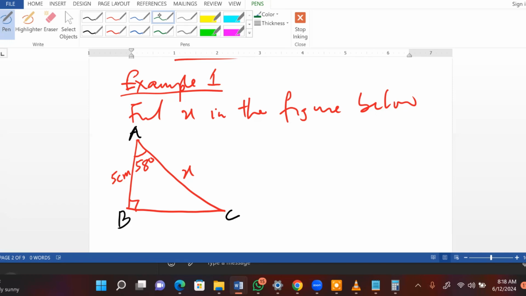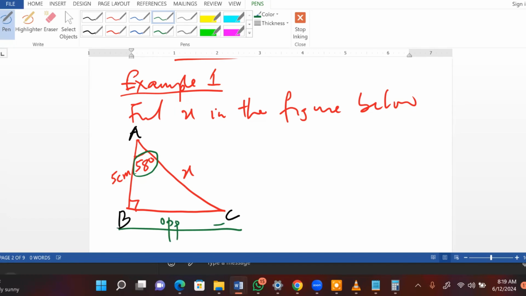We have 90 and 58, which means we are considering 58. Since the third one is not given, we don't have any issue with it. The side that is facing the angle 58 is opposite. That is line BC.